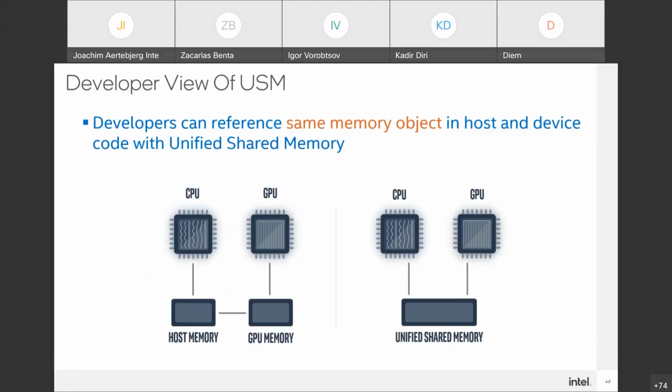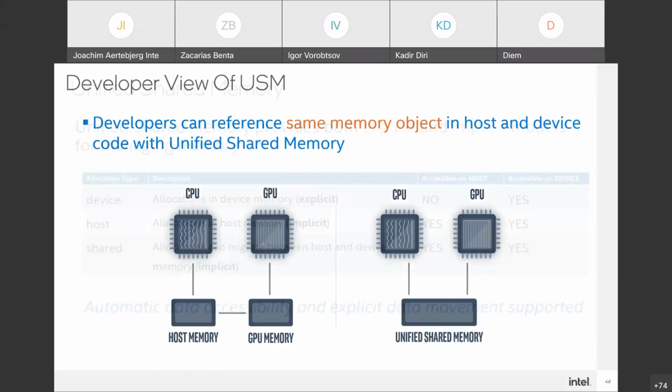Let's now talk about the unified shared memory concept. It comes from the fact that on the hardware level and on the software level we should guarantee that the same pointer can be referenced from the host side and device side. This is quite important in the unified shared memory concept. So we look at our memory as a continuous piece of memory where we can get a pointer which is valid and can be used from both host and device side.